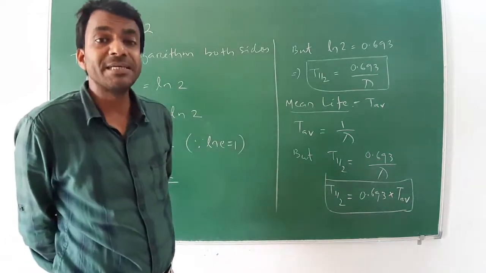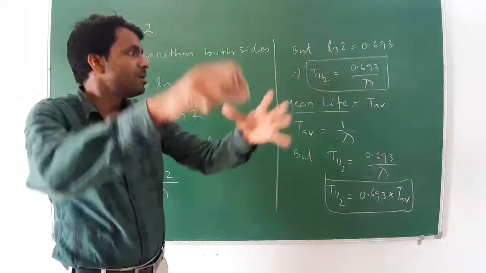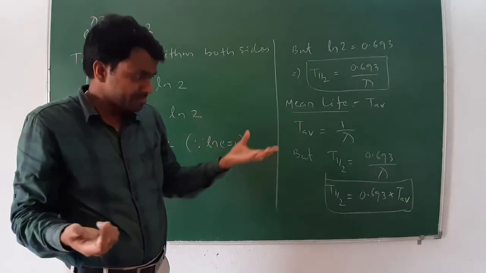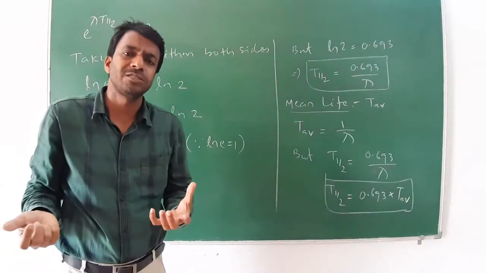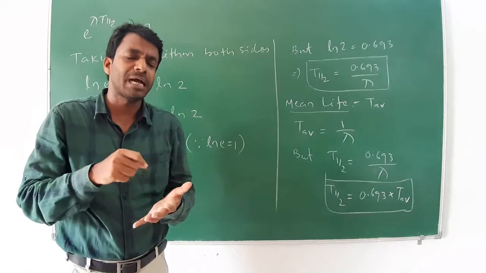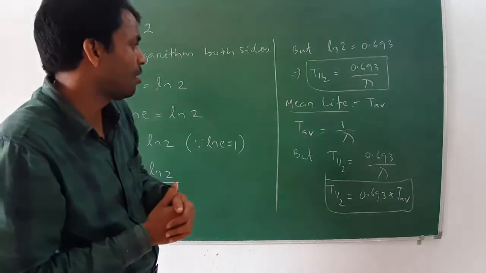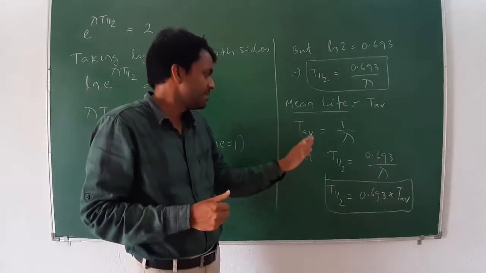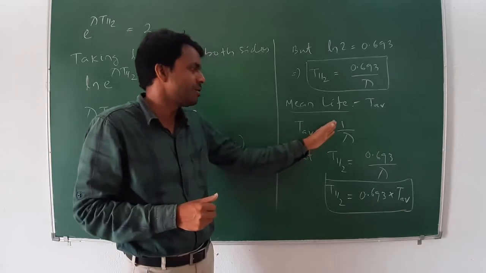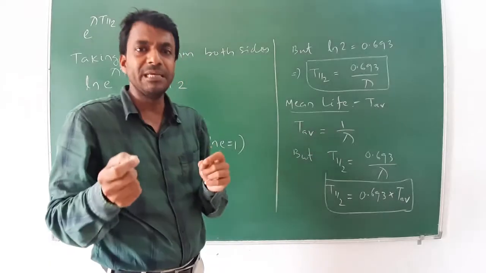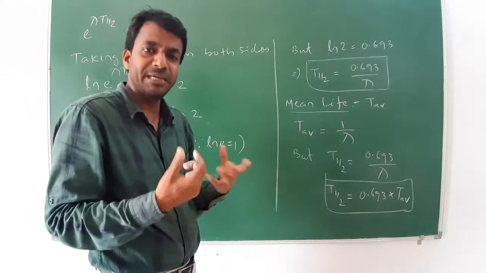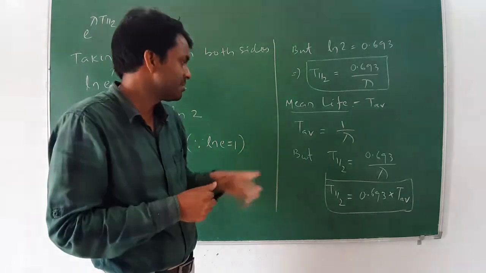For explanation purposes, the mean life or average life is the reciprocal of the decay constant, meaning T average is equal to 1 by lambda. Mean life and average life are the same thing.